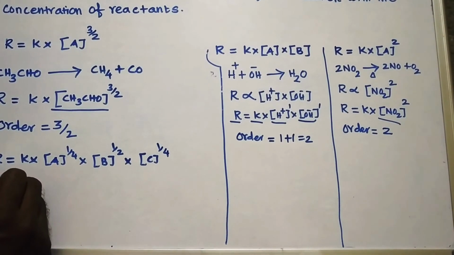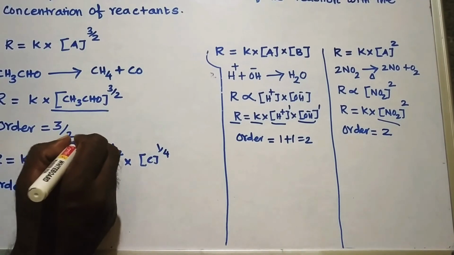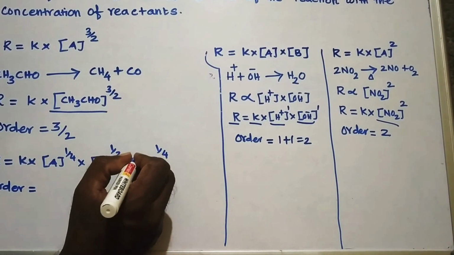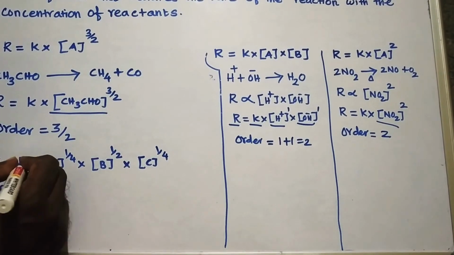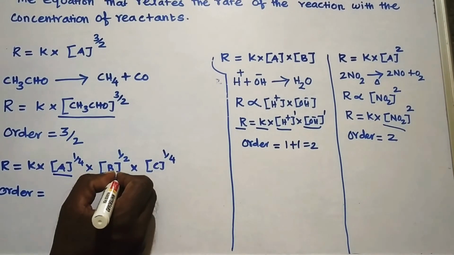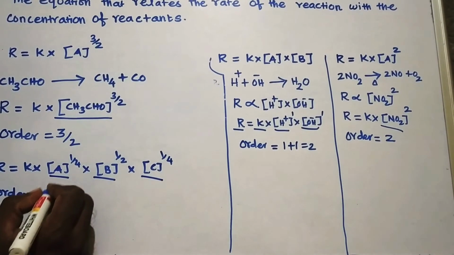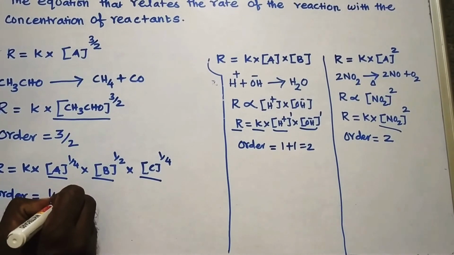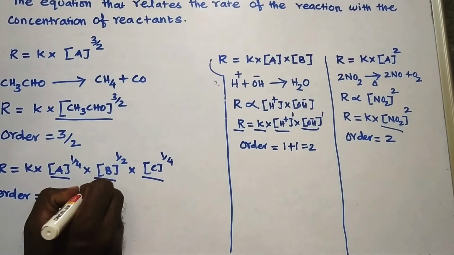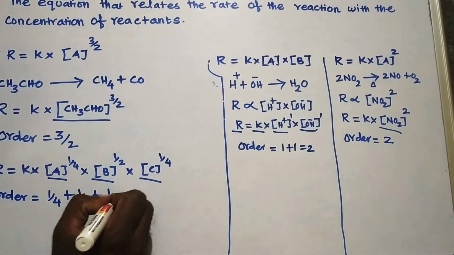Watch carefully. It is well known that order is the sum of powers of concentration terms. Here this is the rate constant, and this is one concentration term, this is another concentration term, and this is the third concentration term. The power of A is equal to 1 by 4. The power of B is equal to 1 by 2. The power of C is equal to 1 by 4.